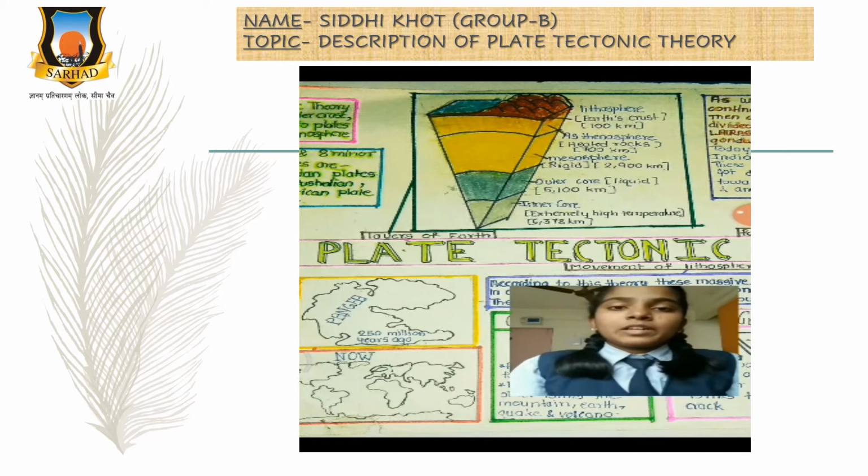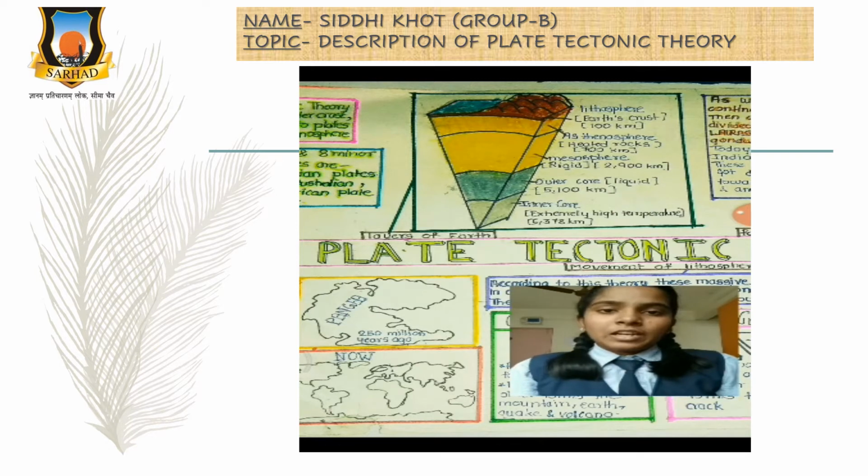So the lithosphere is the Earth's crust, whose width is 100 km. The plate tectonics happens at the lithosphere, which causes the movement here. Asthenosphere is the layer just below the lithosphere. It is 700 km.